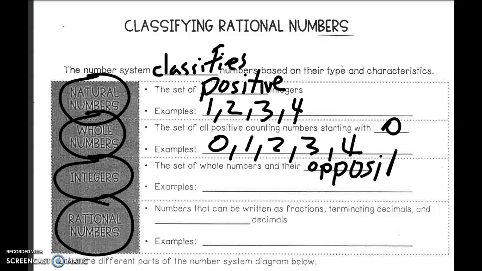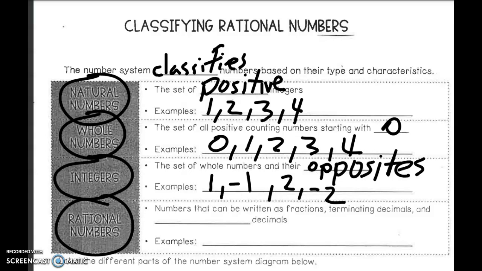The formal definition of an opposite means it's the same distance from 0 on a number line. So if you have the number 1, 1 is 1 unit away from 0, so the number that's also 1 unit away from 0 would be -1. You have 2 and -2, and so on and so on. All right, now that also includes 0 as well.